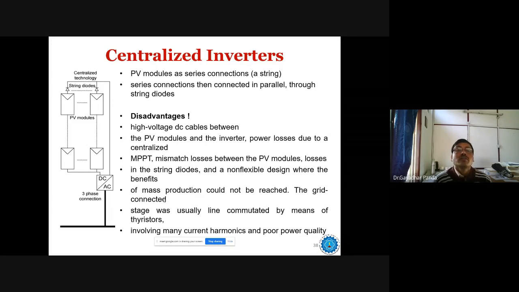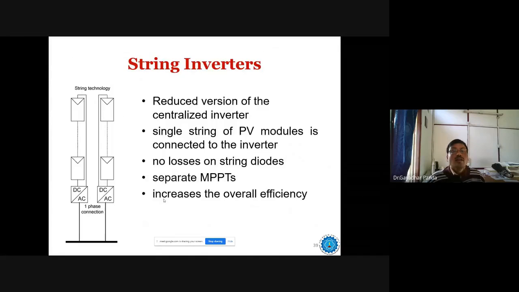All PV modules are connected in series, and you go for only one inverter, so that you can connect to the utility grid. Definitely there will be disadvantages, because when the inverter malfunctions, then the power supply will be completely stopped. That is the major disadvantage of the centralized inverter.